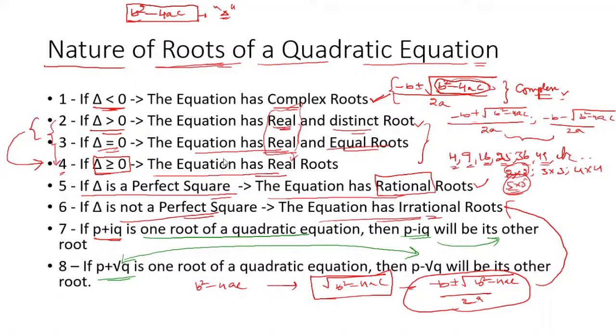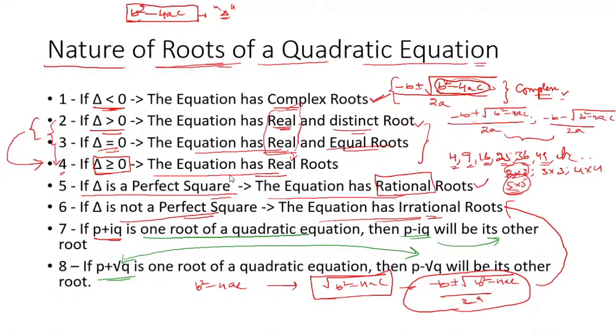So this is the nature of roots of a quadratic equation. The nature of roots of a quadratic equation is dependent on the value of discriminant. The roots will be different and will be lying in different intervals based upon the value of discriminant.